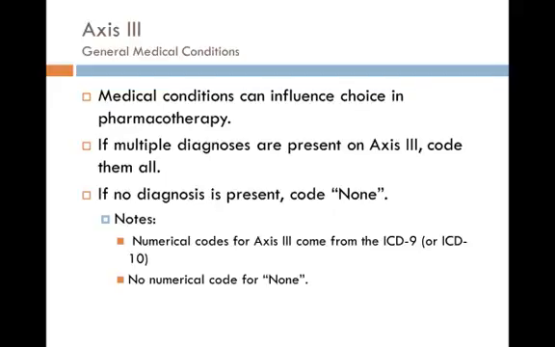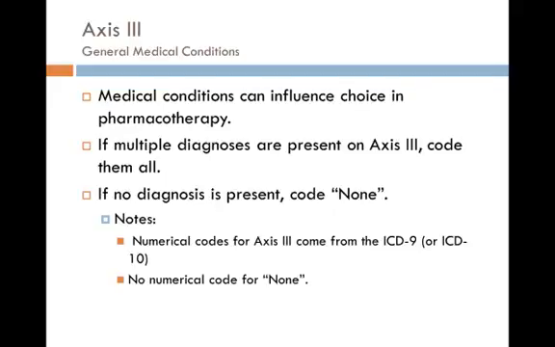If no diagnosis is present, then you would code it as none. Of particular note here is that there are numerical codes for Axis 3 that come directly from the ICD-9 or the ICD-10. So no numerical code would be reflected as none.